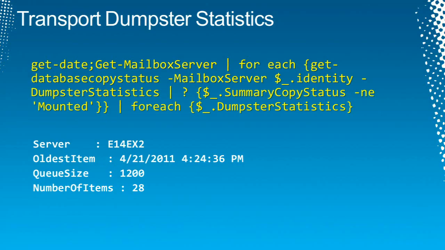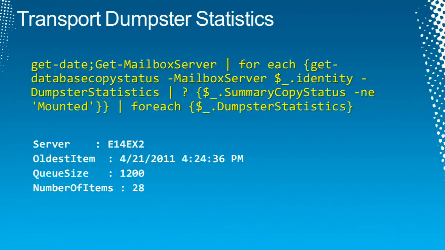So very rich data as to what's going on, because when you think about it, hub transport servers are mostly stateless with the exception of what's in the transport dumpster. Which means the mail.que file, assuming the transport dumpster is empty or perhaps not in use because it's not a replicated environment, is simply disposable. You could throw away that Q database, and Exchange will happily create a new empty one.